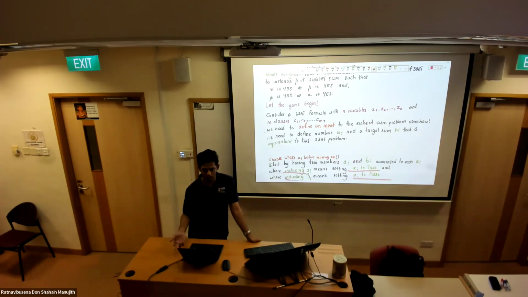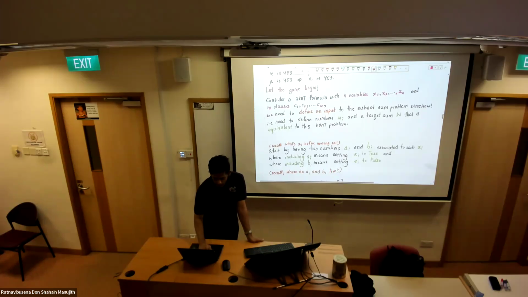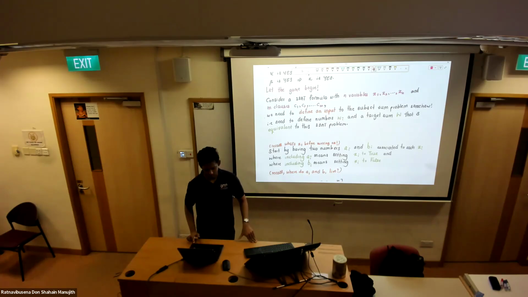So there is a one-to-one correspondence between true, false, and ai, bi for each variable. I'm trying to get this equivalence. Recall, in which problem do ai and bi live? In the subset sum problem.